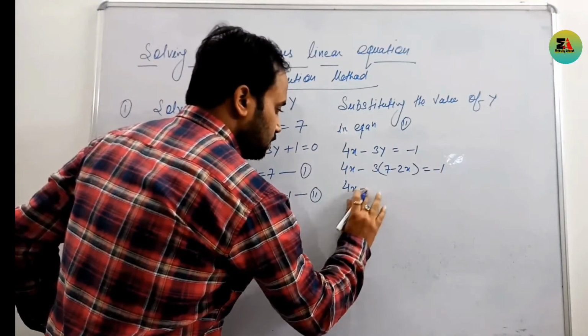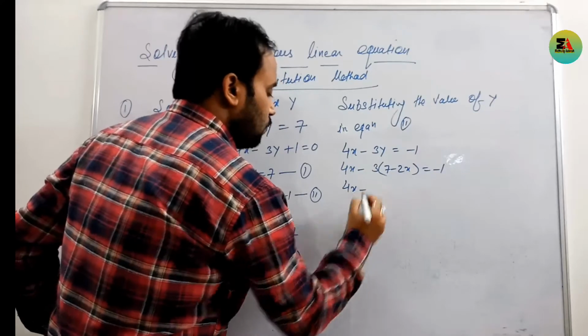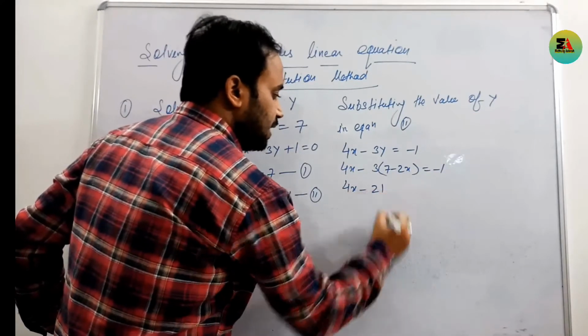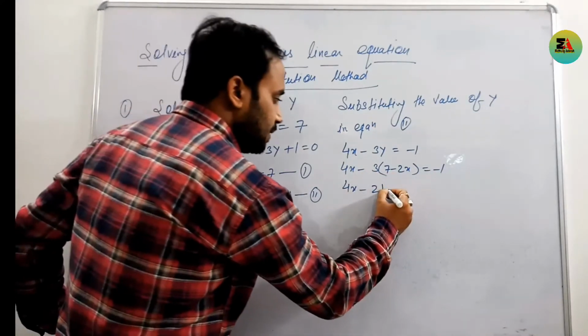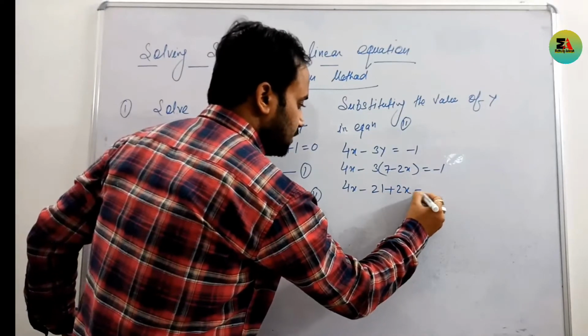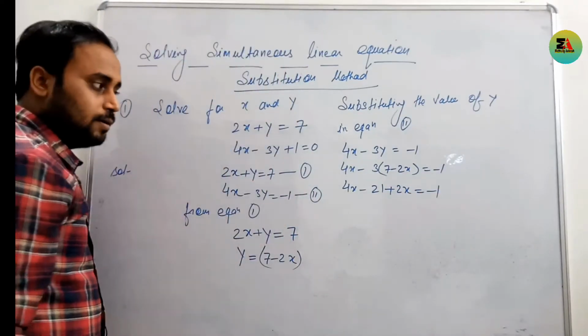4x minus, open the bracket, this becomes 21, and this becomes plus 6x, equals minus 1. Clear?